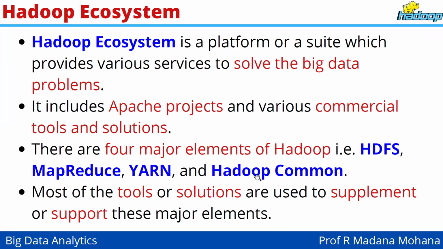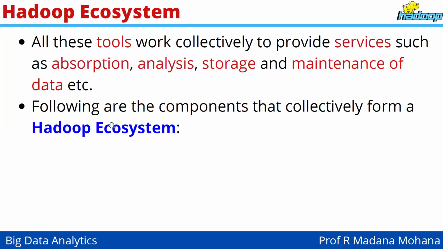In addition to these three, another important element is Hadoop Common. Most of the tools or solutions are used to supplement or support these major elements. All these tools work collectively to provide services such as absorption, analysis, storage, and maintenance of data, etc.